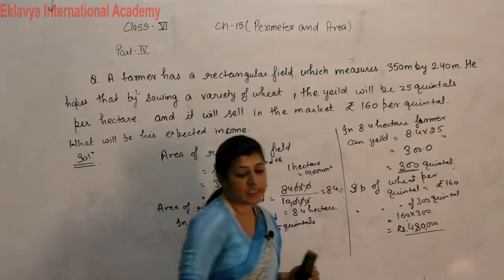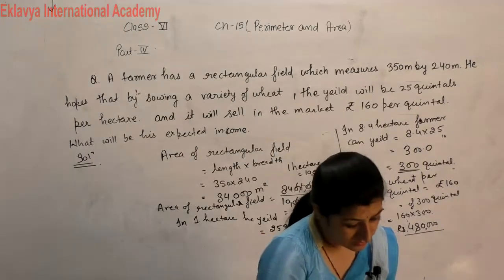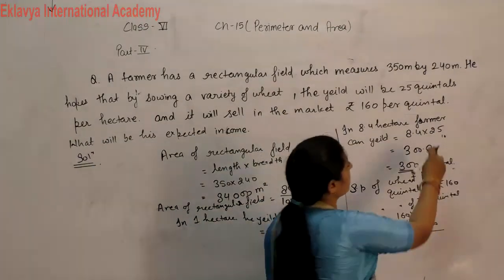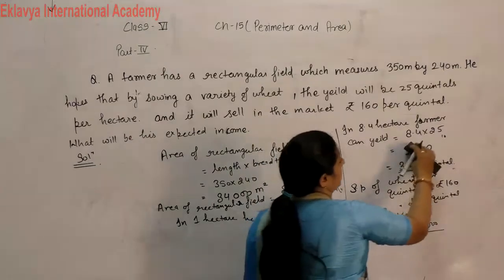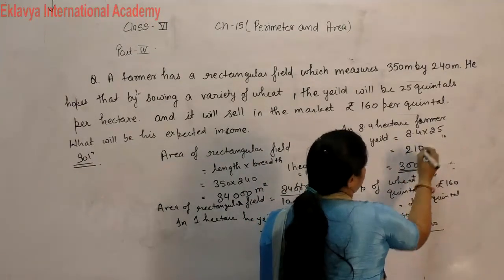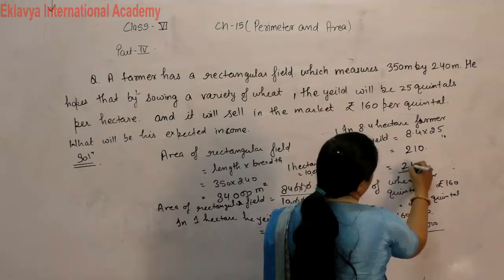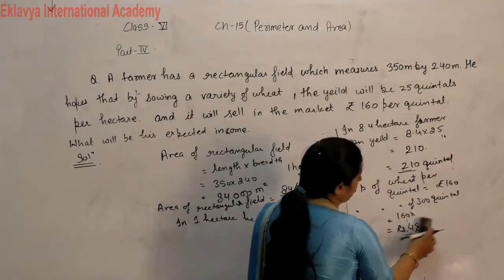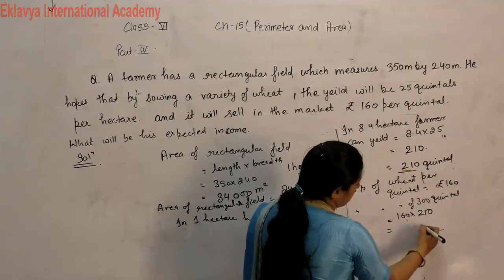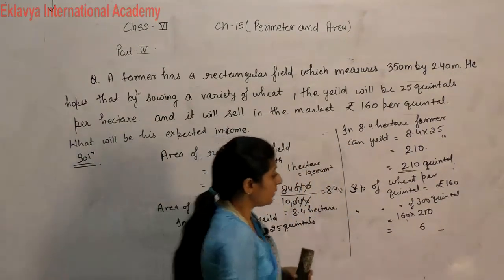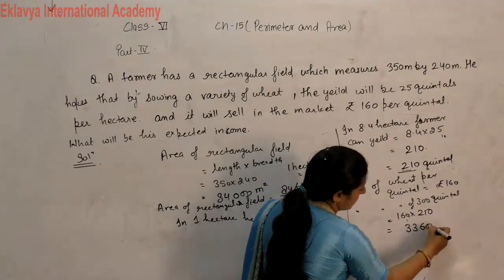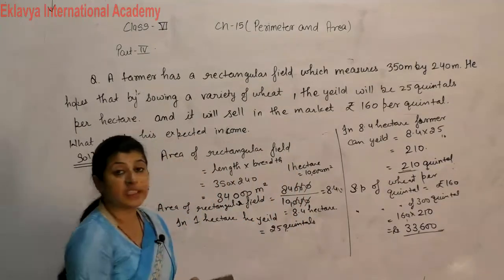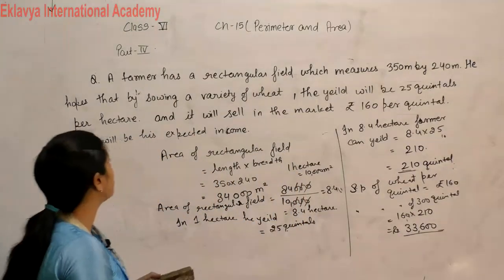Wait, 8.4 multiplied by 25, this becomes 210 quintal. Then this multiplied by 160: 16 ones are 16, 16 twos are 32, 33,600 rupees.